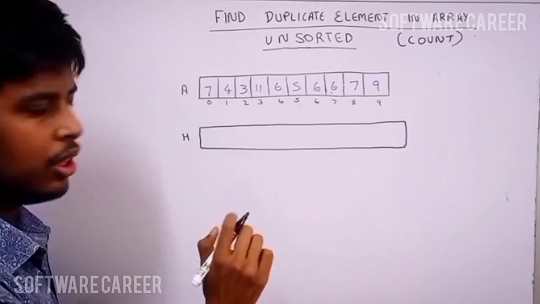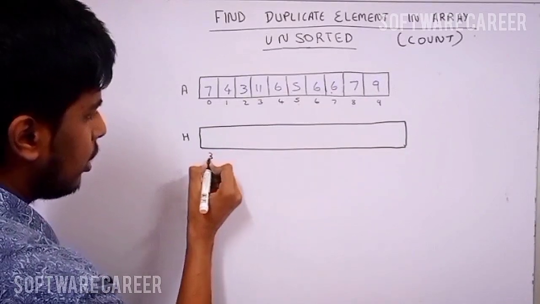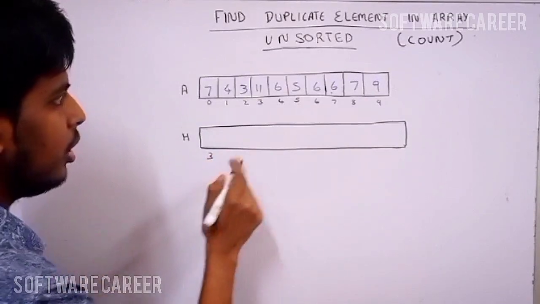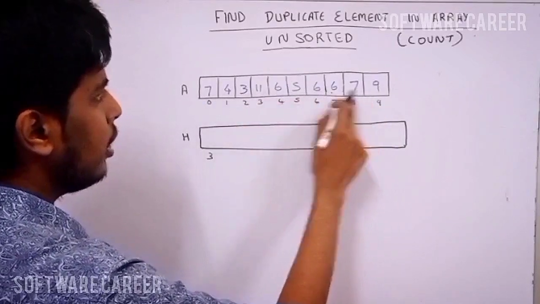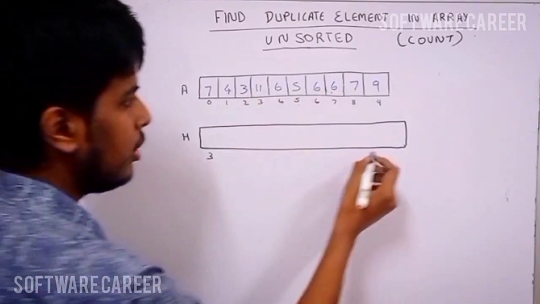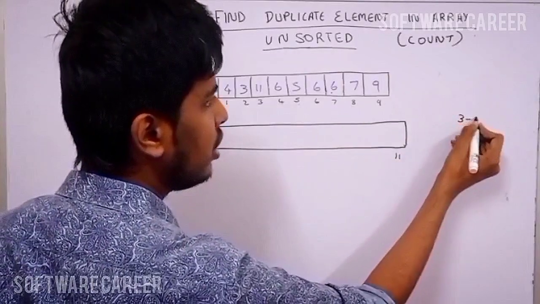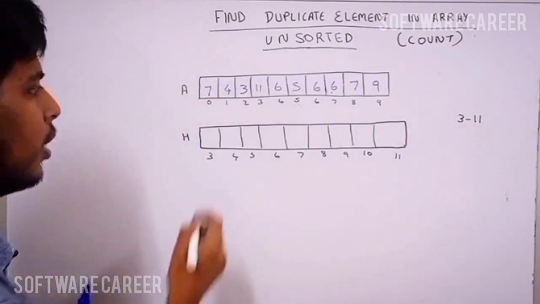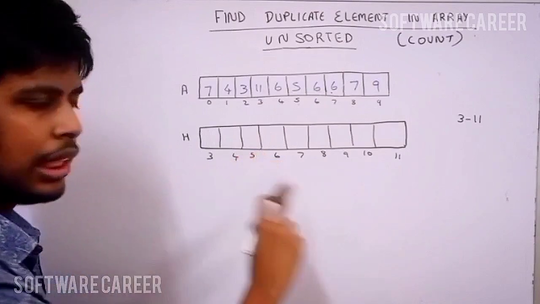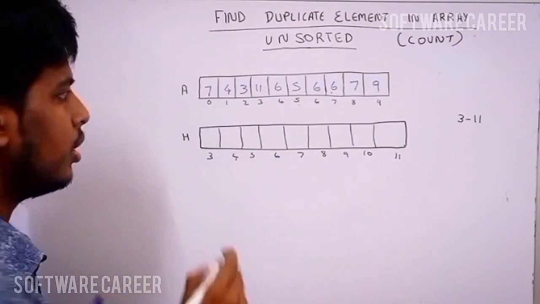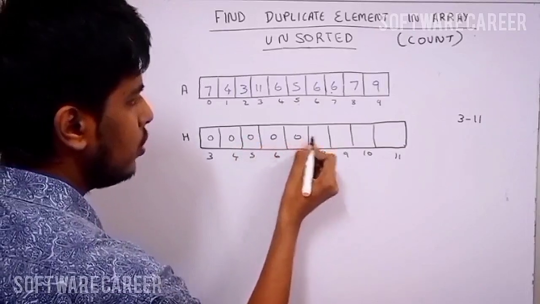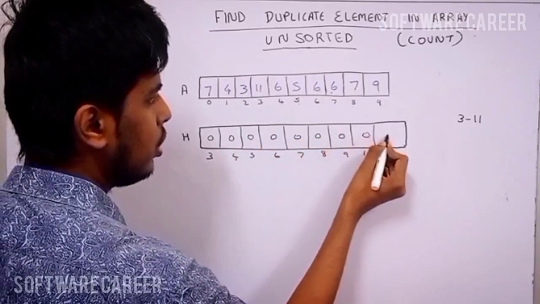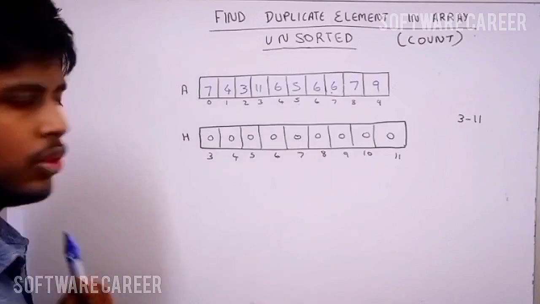So you should create a hash table starting from index 3 till the maximum element, which is 11. So 3 to 11. Now all the elements in this hash table will be 0 at the start: 0 0 0 0 0 0 0.